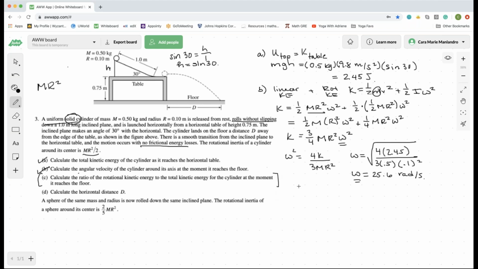The other thing that you can think about is what's the relationship between angular velocity and linear velocity? Someone answer that question for me.